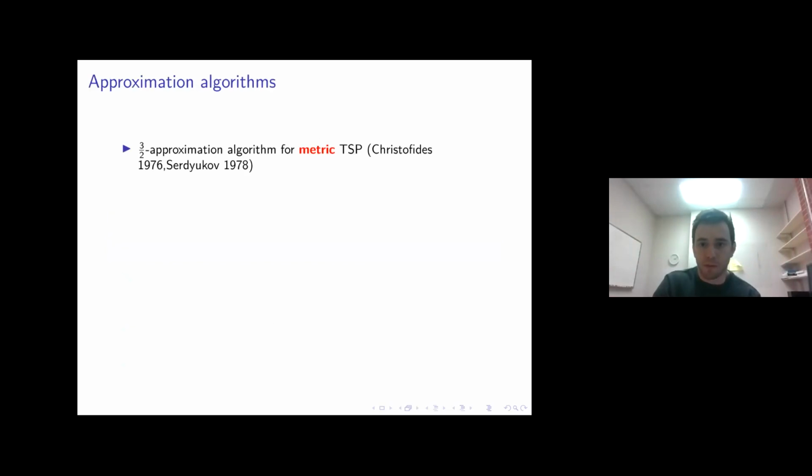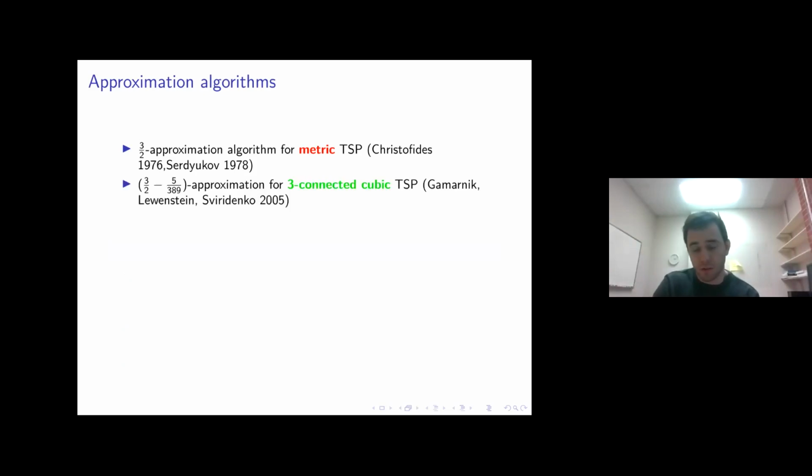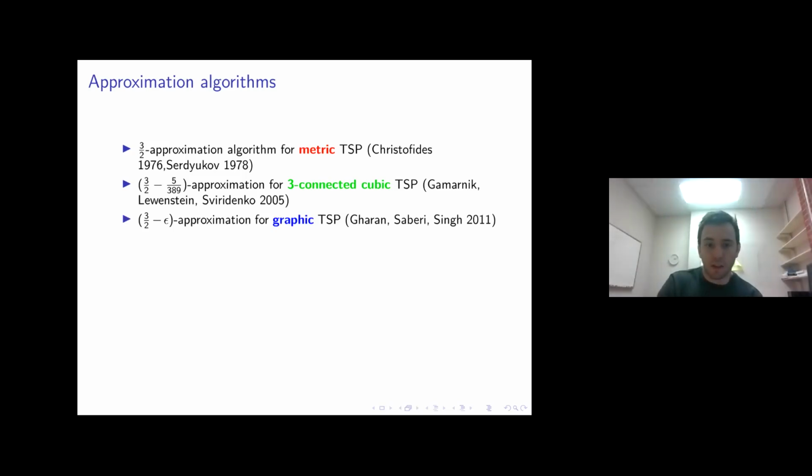So I'm going to briefly cover the history of the approximation algorithm. We've already seen that metric TSP has a 3/2 approximation back in the 1970s. Later on, this was broken with 3 connected cubic graphs in 2005. Again, note how many years it took. Later on, this was extended to graphic TSP a few years later.